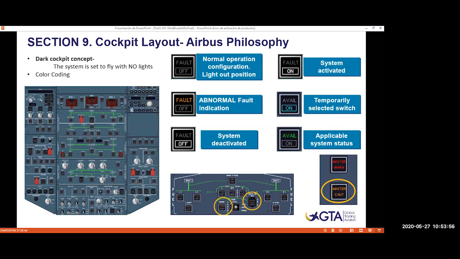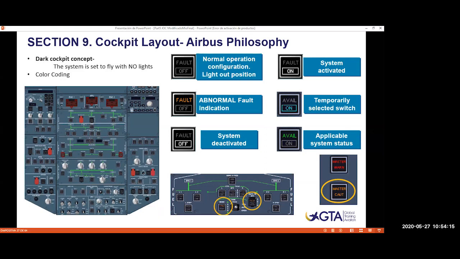The cockpit on this aircraft has one principle: the dark cockpit concept. It means that, if everything goes correctly, there will not be any lights that advise of anything.